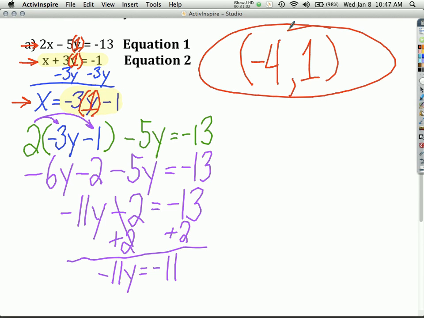Does anyone have any questions on the method? We put the 1 here. Negative 3 times 1 is negative 3. Minus 1 is negative 4. X is negative 4.